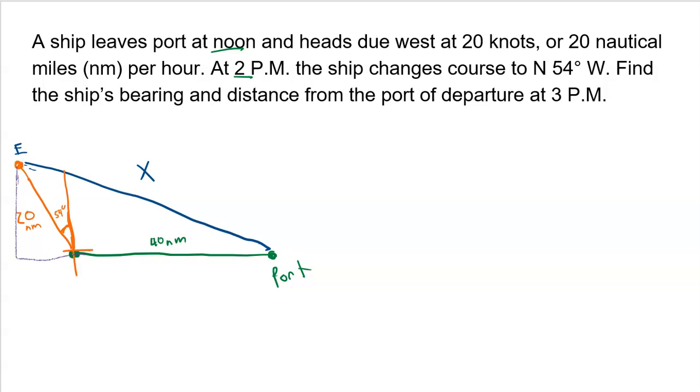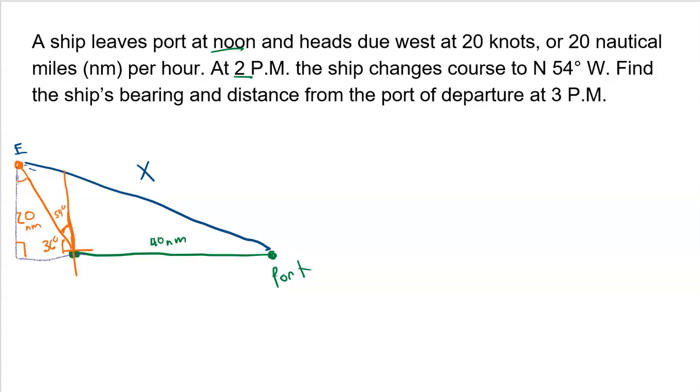So how can I now find everything else that I need? Well, let's see here. If this is 54 degrees, then this angle right here would be 90 minus 54, and 90 minus 54 is 36 degrees. And if that's 36 degrees, that means this is 90 degrees right here.